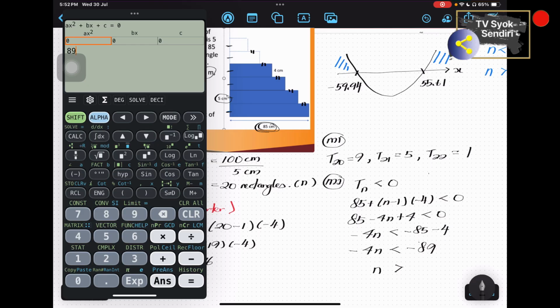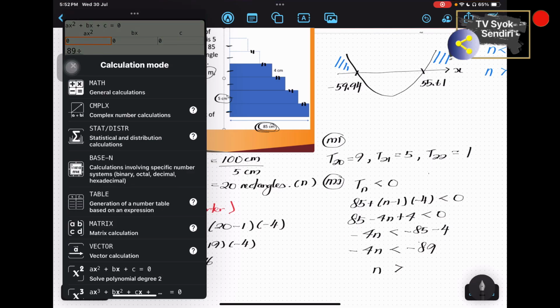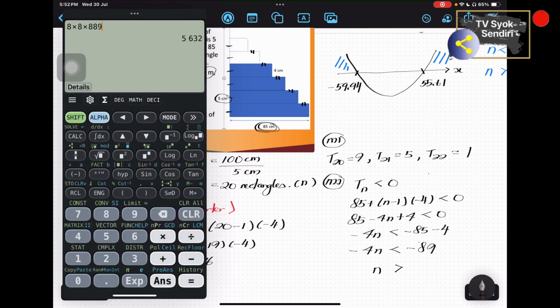So my n is greater than 89 divided by 4. So I have 22.25.